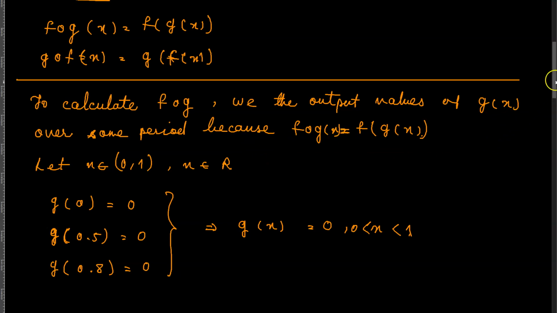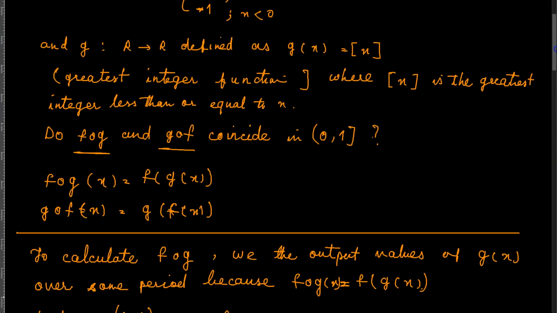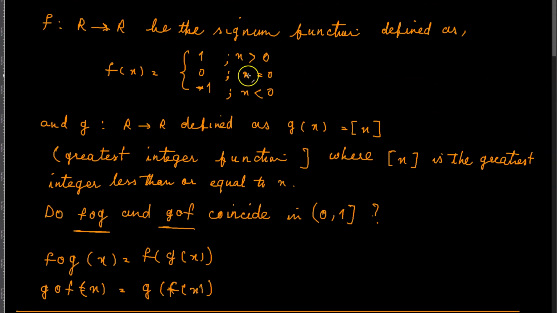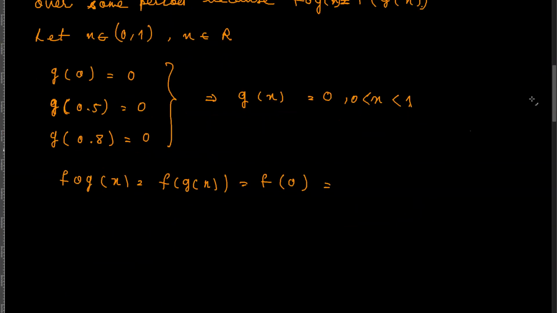Which means that FOG of x, which is equal to f of g of x, is going to be equal to f of 0, and f of 0 is equal to 0, right?